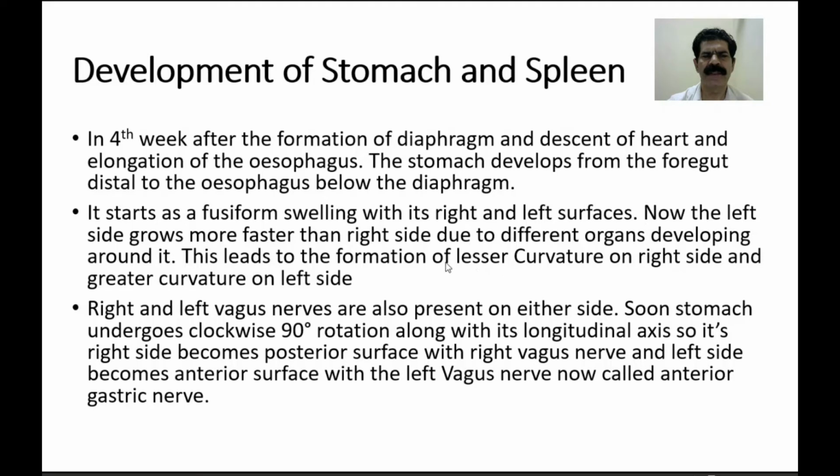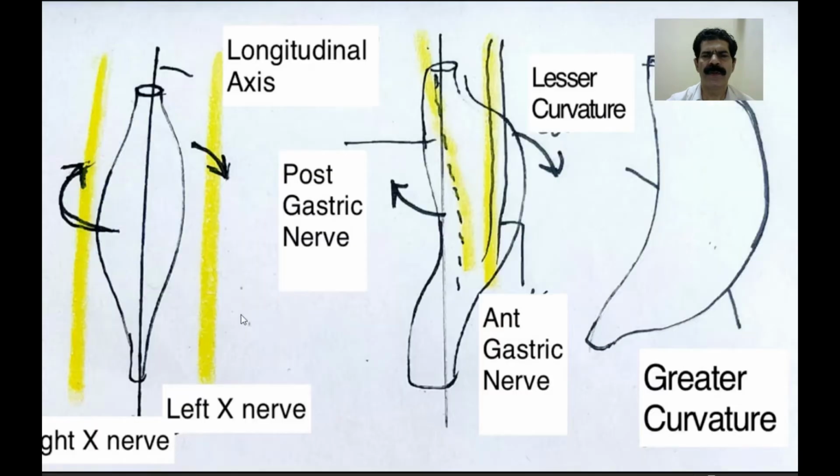Now the left side grows faster than the right side due to the different organs lying in this area, and this leads to the formation of the lesser curvature on the right side and the greater curvature on the left side. So this foregut part now becomes the stomach, a fusiform swelling with its right surface and left surface.